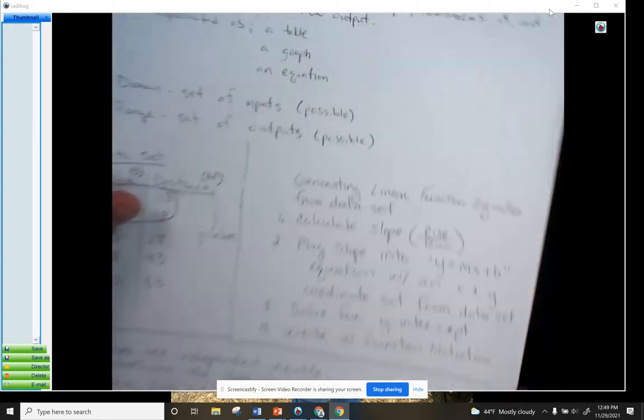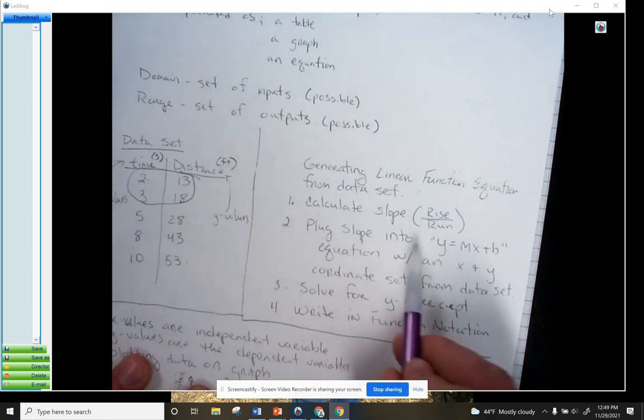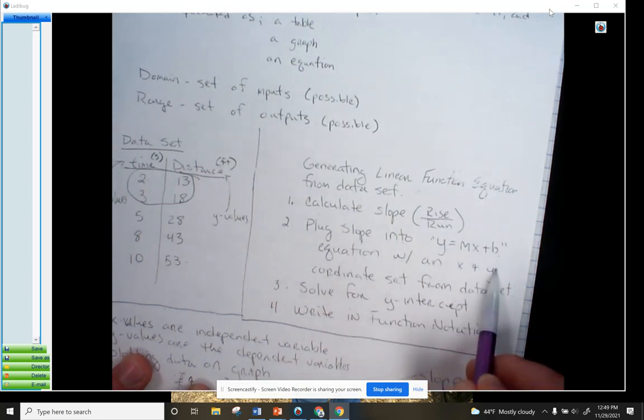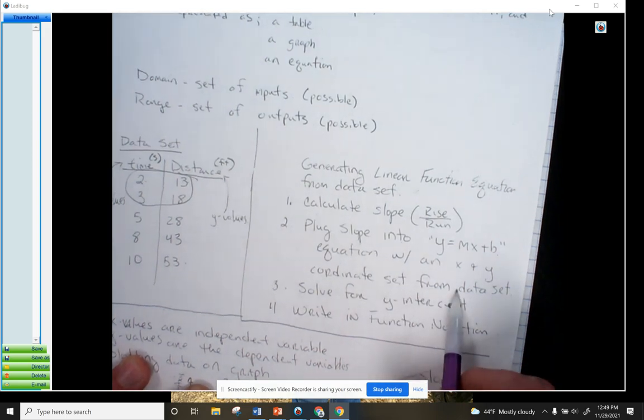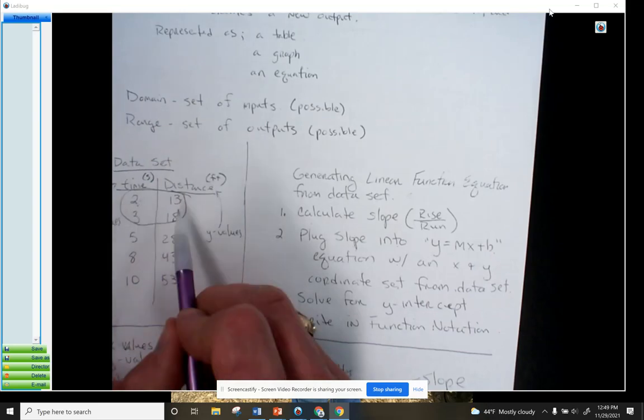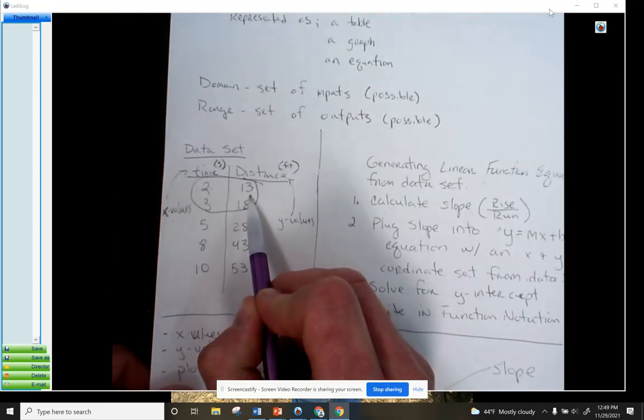Next thing we want to do is plug the slope into the y equals mx plus b equation with an x and y coordinate set from the data set. I'm going to take 2 and 13, just because I could take any set.